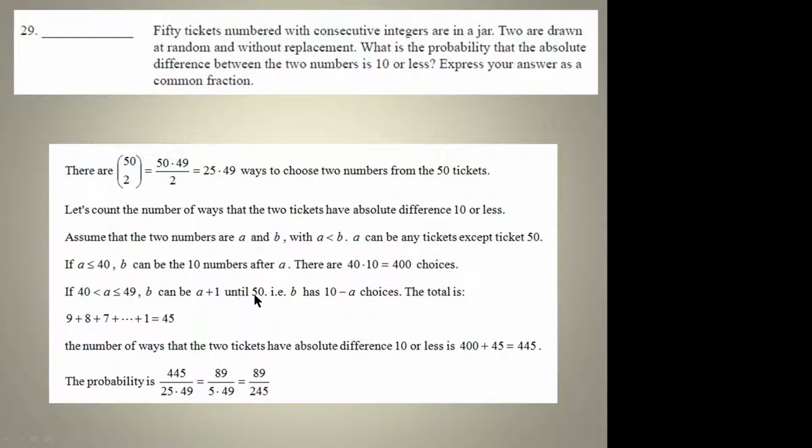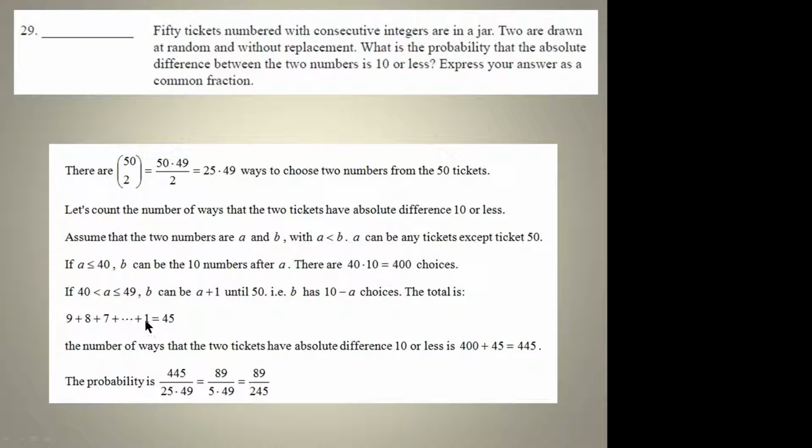From A plus 1 to 50, you have 50 minus A choices. Okay, for example, if A is 41, B can be 42 until 50. That's 9 choices. If A is 42, B can be 43, 44, until 50. You have 8 choices. Okay, if A is 49, B has only 1 choice.